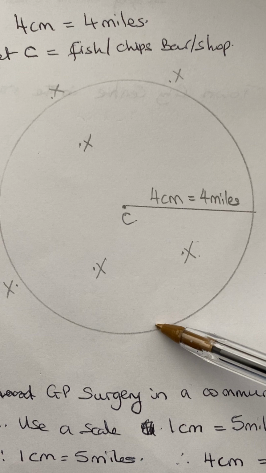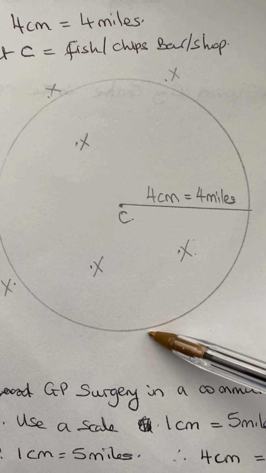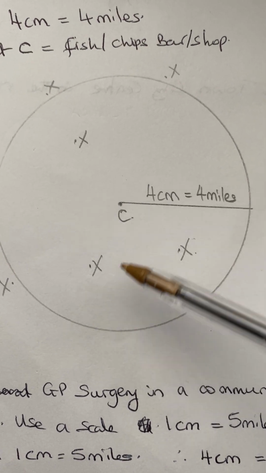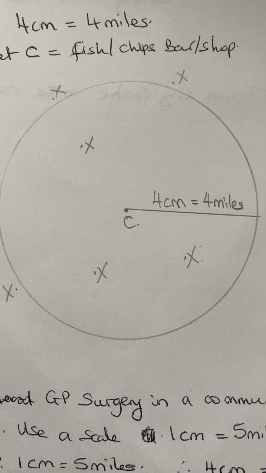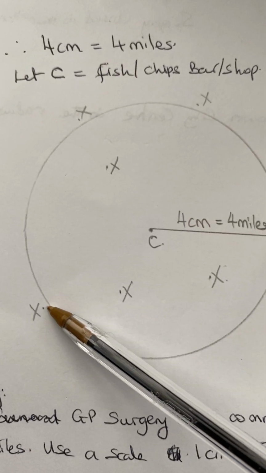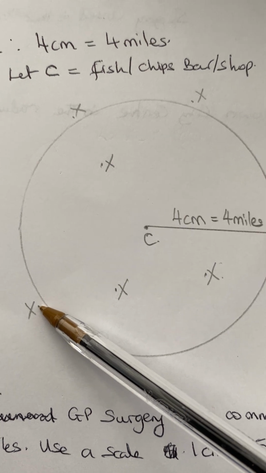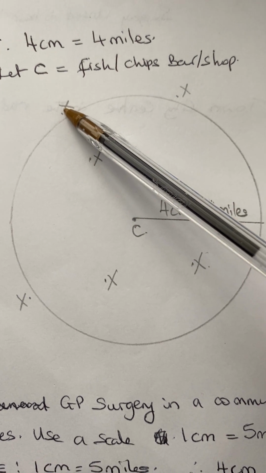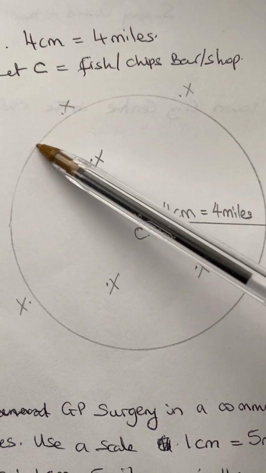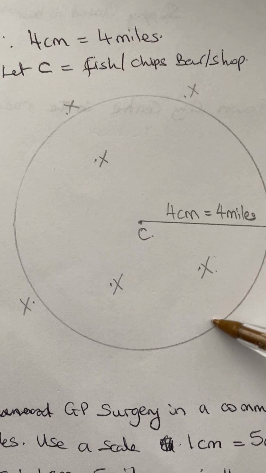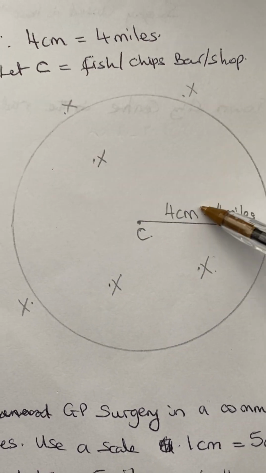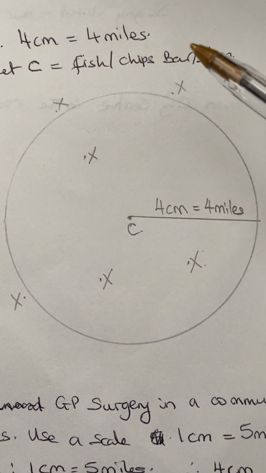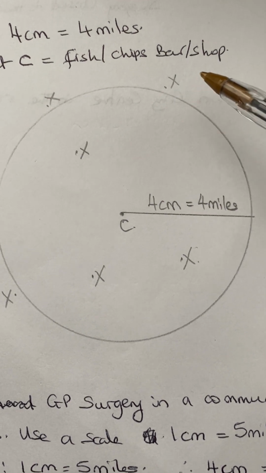But if he lived there, he can't, so he may have to look for another shop that gives that option. If he lived here, he can't have free delivery. If he lives there, X, he can't. Anything outside the locus or the boundary of the chip shop's 4 miles, nobody will get free delivery, including Mr. Peters.